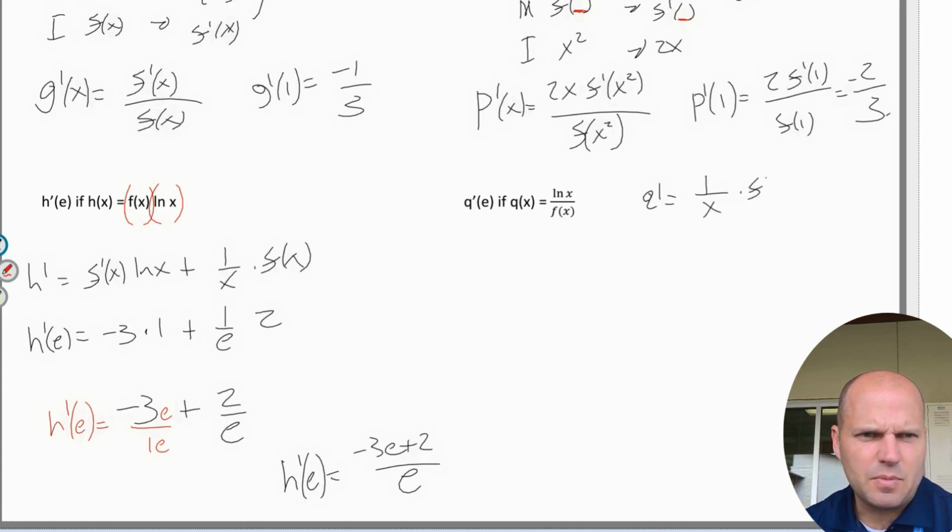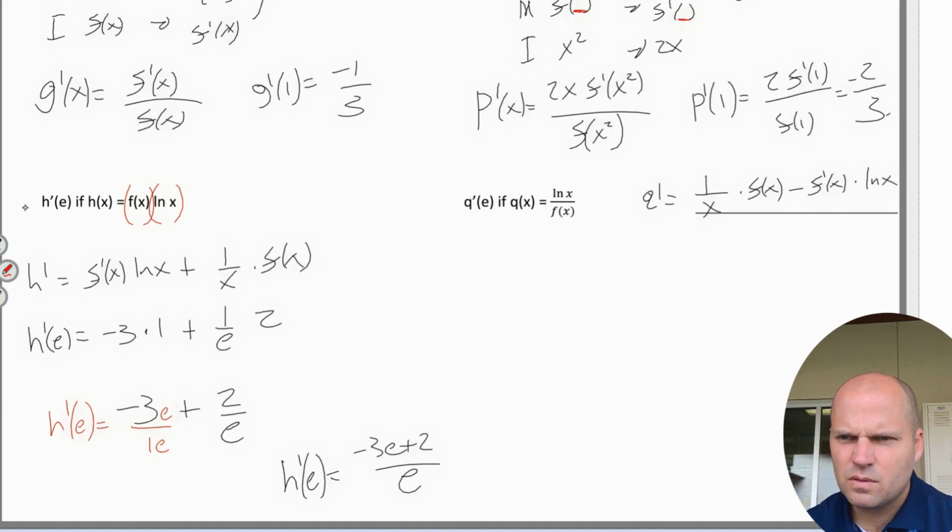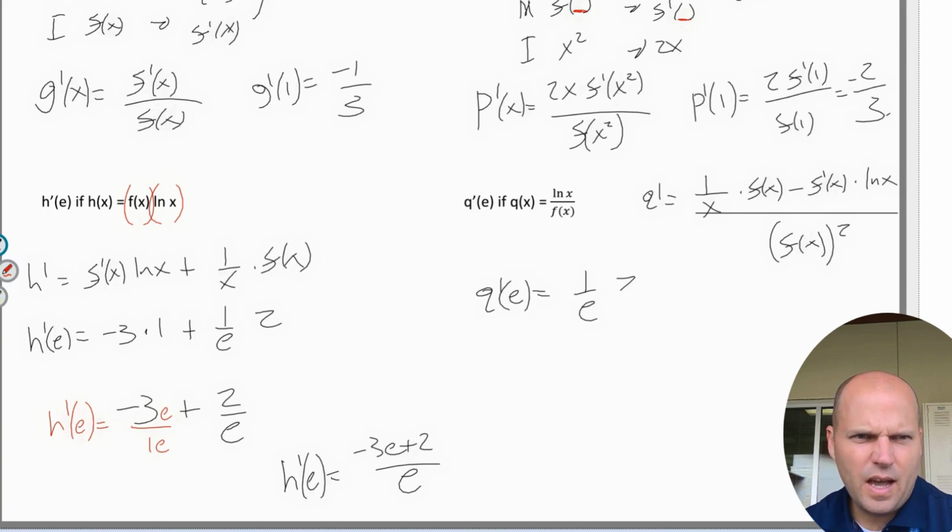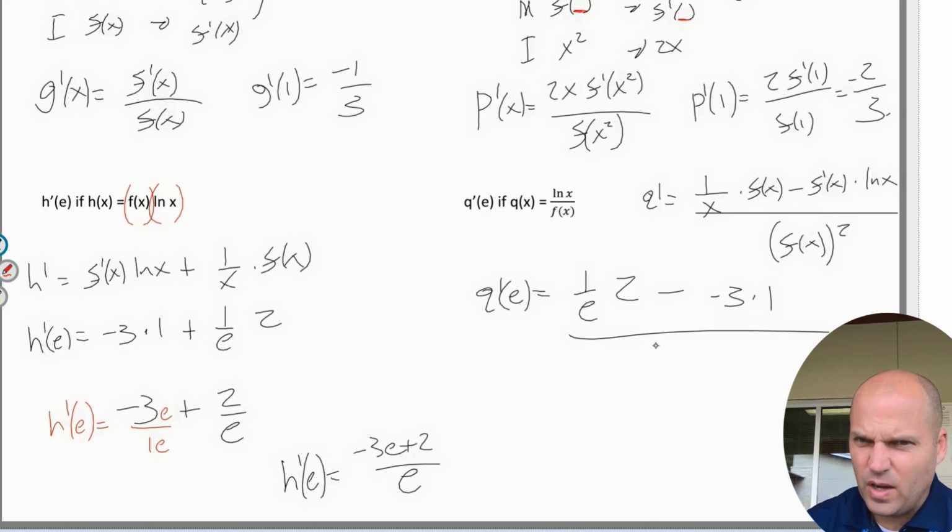Slope of the top times the bottom, minus the slope of the bottom times the top, all over bottom squared. At e, 1 over e. f of e is 2. f prime of e is negative 3. The log of e is 1. f of e squared is 2 squared, which is 4.